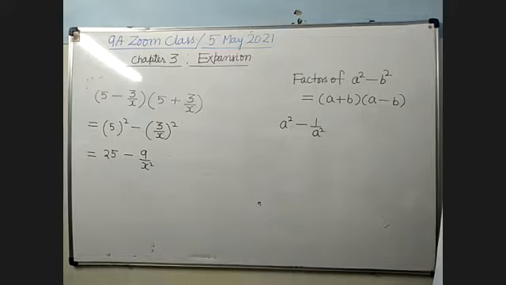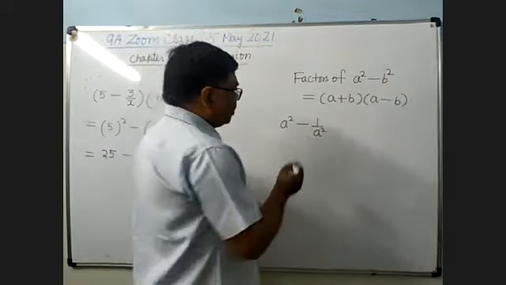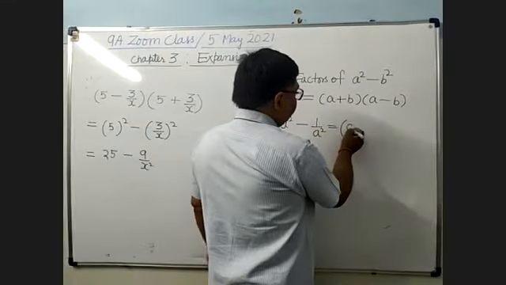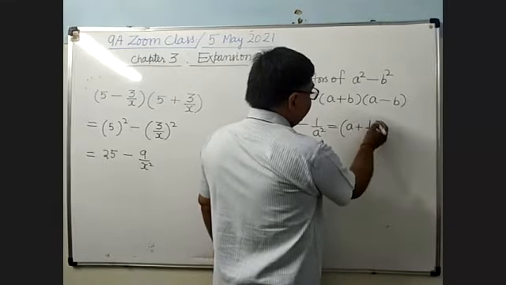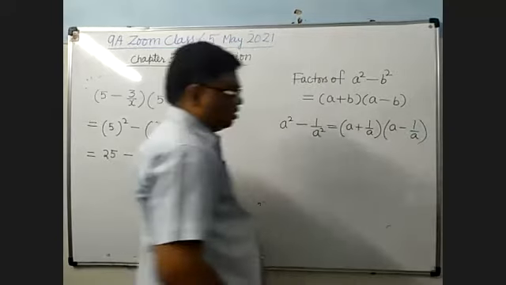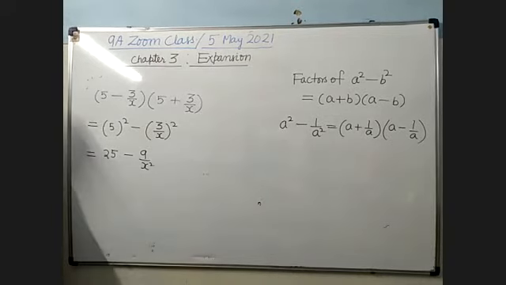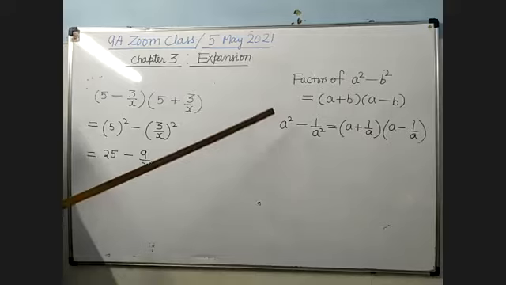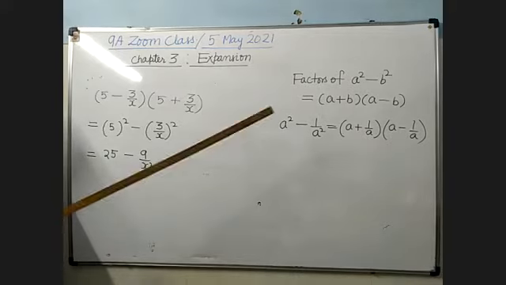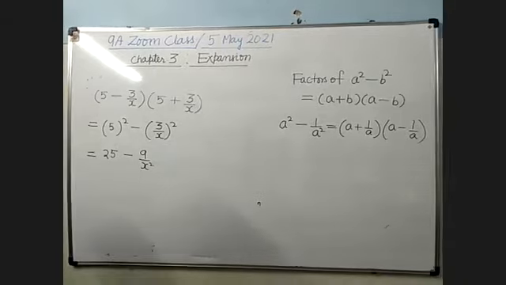It's clear? In place of a, there is a. In place of b, there is 1 upon a. So what will be a plus 1 upon a into a minus 1 upon a. So that also you will remember. It's clear? This is a square minus 1 upon a square equals a plus 1 upon a into a minus 1 upon a.